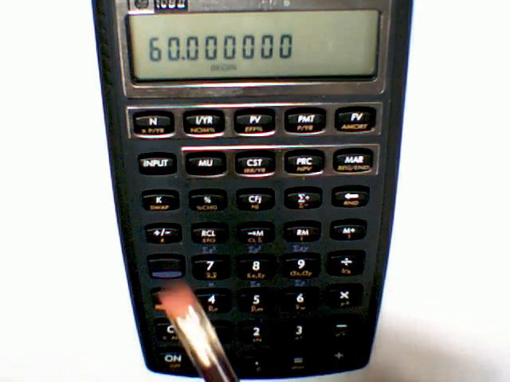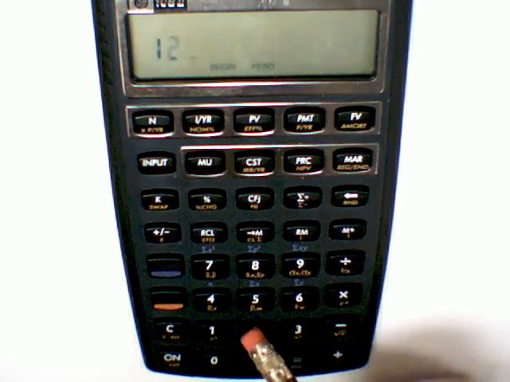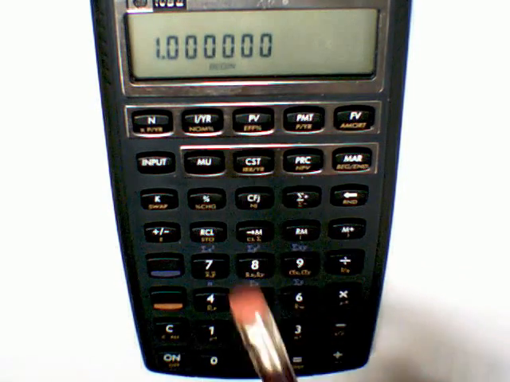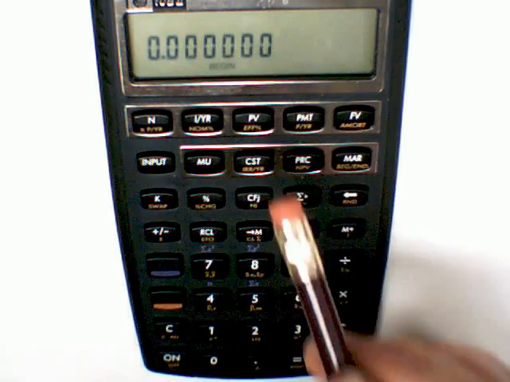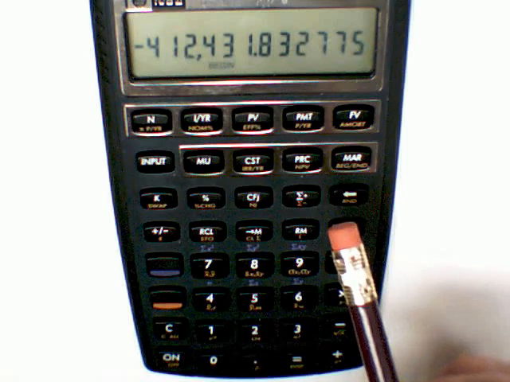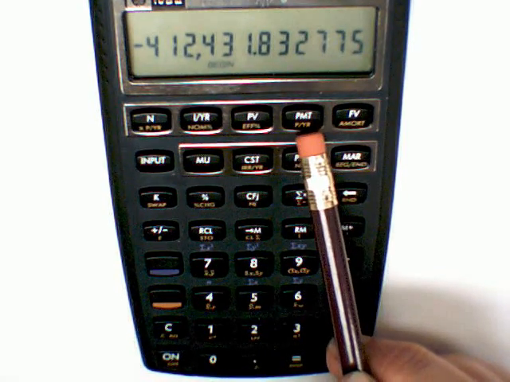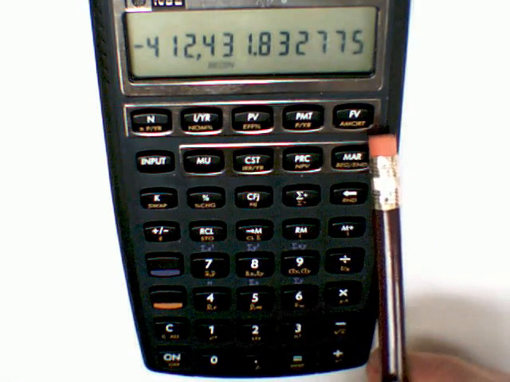Okay, so we'll have 60 months at 12% per year, or 1% per month. We have no present value. We want to know what that's going to be worth to us in the future. And there it is, a big number. Notice it's a negative because we put our payment in as a positive number.